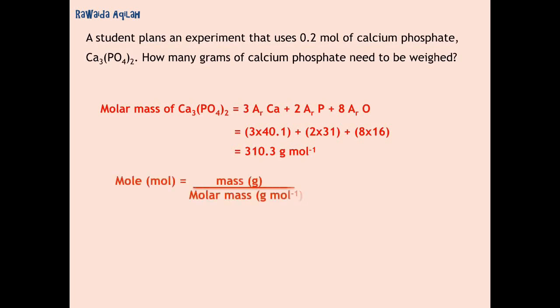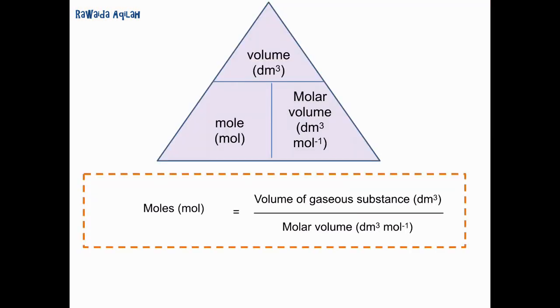Then, insert into the mole equation, we have the mole, which is 0.2 mole. The mass is what we want, and the molar mass has been calculated. Therefore, we can get the mass equivalent to 62.1 gram.